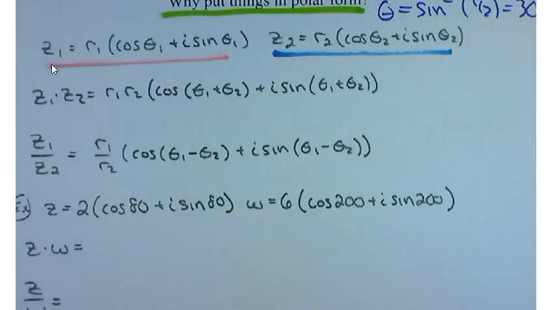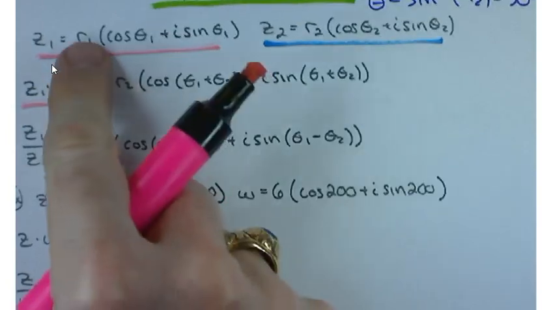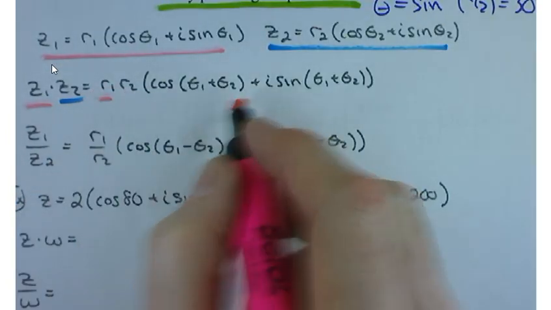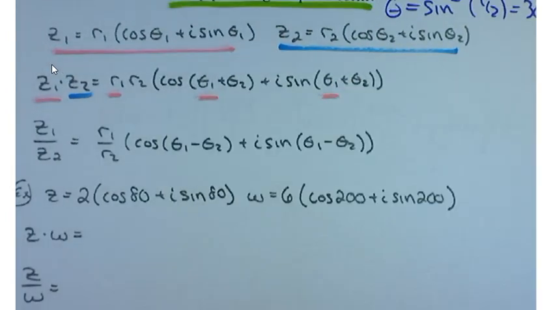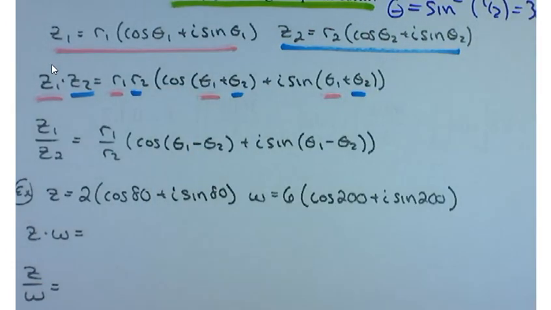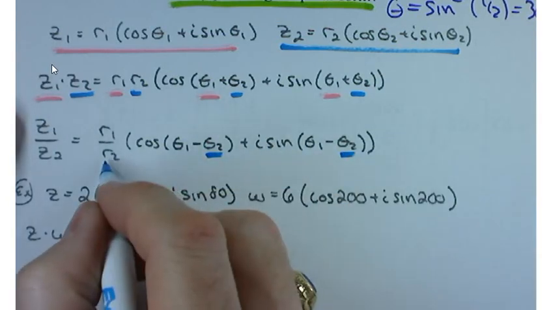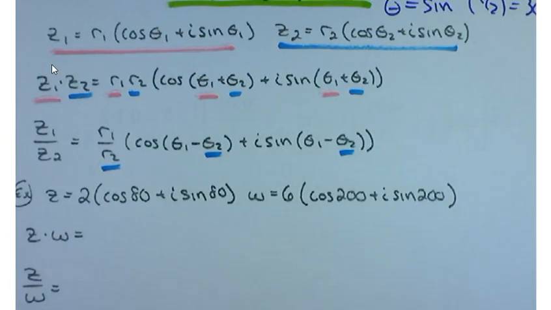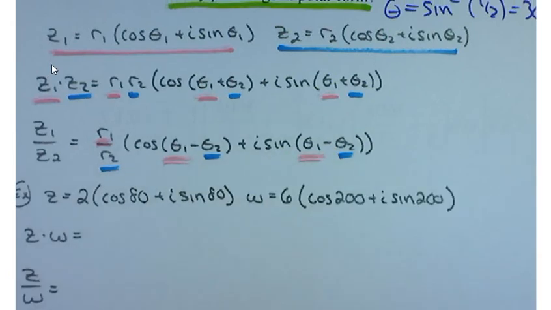When I multiply numbers in polar form, all you have to do is multiply the radii, that is R1 times R2, and add the angles. So you multiply the radii and add the angles. Likewise for division, you're going to divide the radii and subtract the angles. So it's kind of nice that you can do things like this.